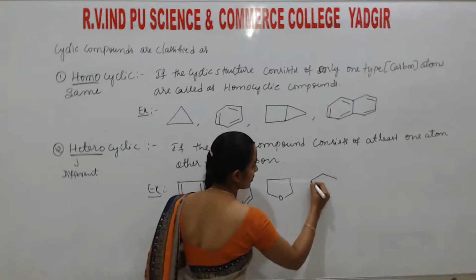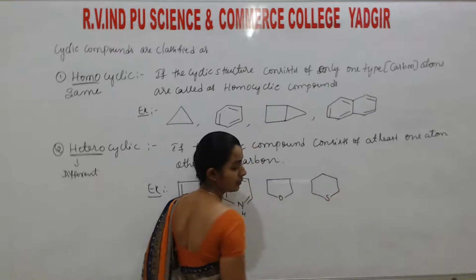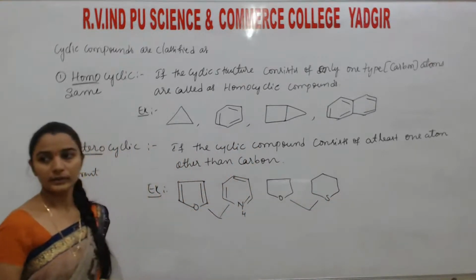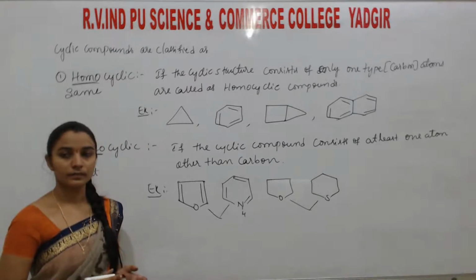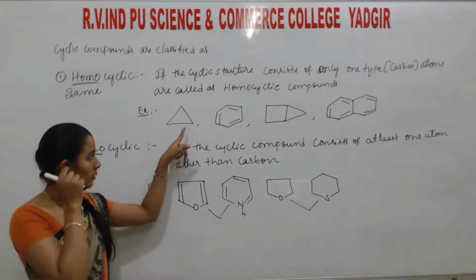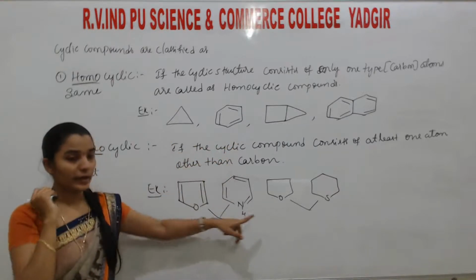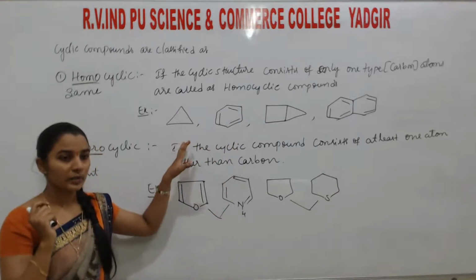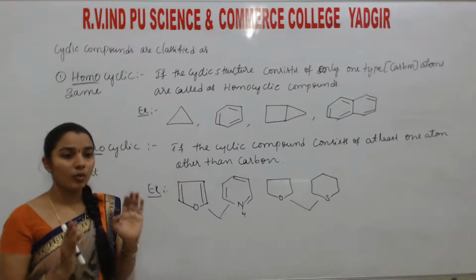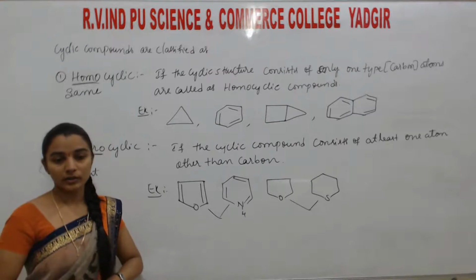This one is alicyclic, these two are aromatic. Okay, so this is homocyclic, this is heterocyclic. Homocyclic means the ring compound which is made up of only carbon, not other.